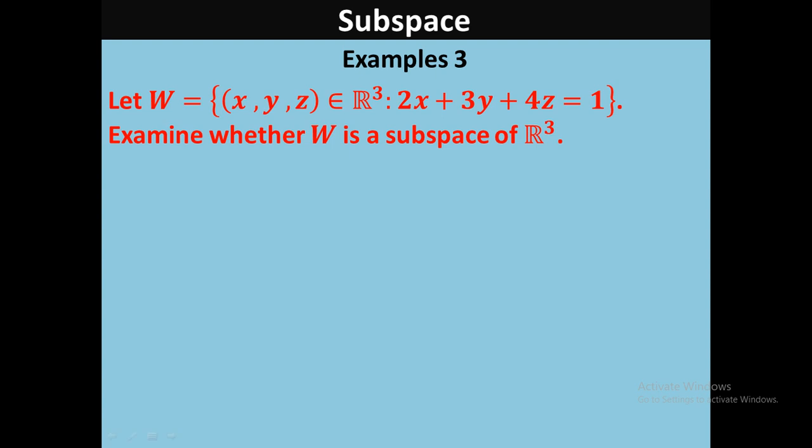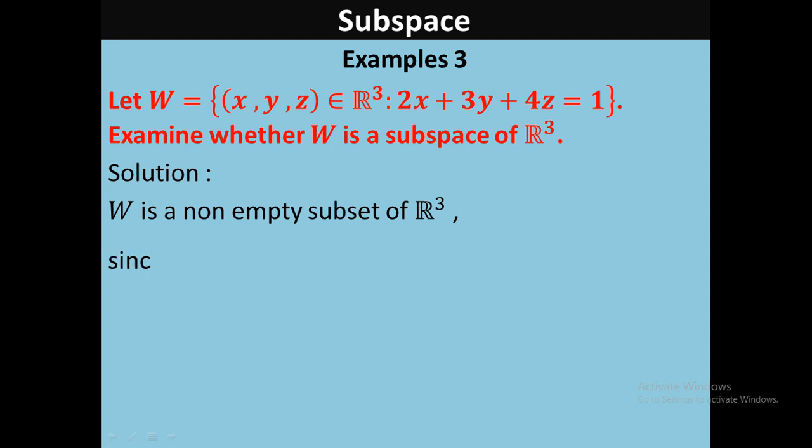But W is still non-empty, because you can check other elements. W is a non-empty subset of R3 because (half, 0, 0) is in W. If you put x equal to half, y equal to 0, z equal to 0, then this satisfies that relation, therefore this is an element in W. You can check other elements also.